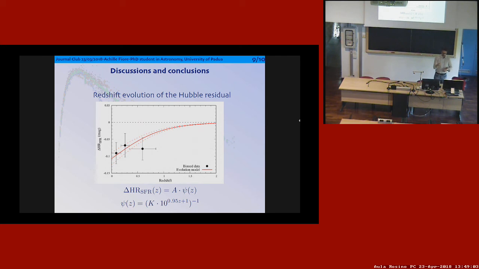In order to test that, they divided the whole sample in 3 redshift bins and repeated the analysis for each bin, and these 3 black dots represent the difference in Hubble residual for each bin.